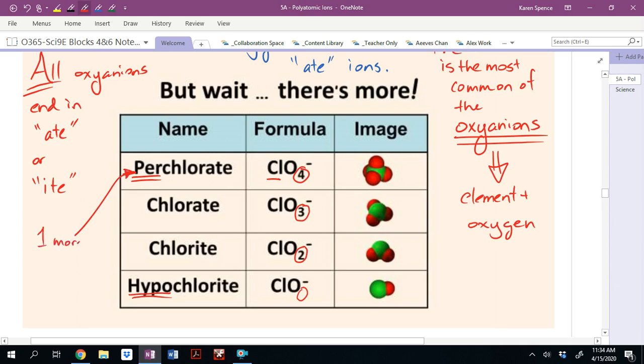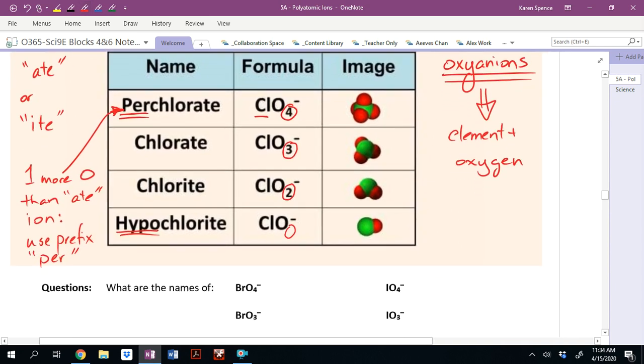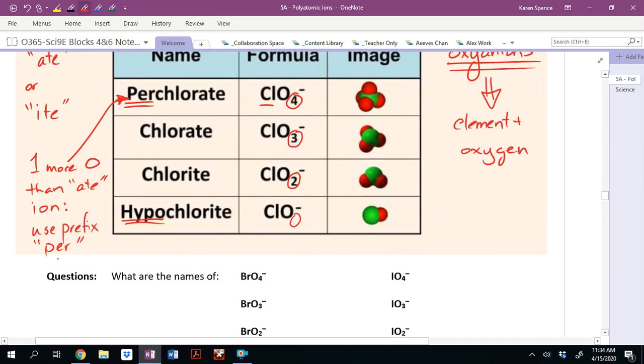So one more oxygen than the plain old ate ion, we use the prefix per. The prefix per comes from the same root as super.